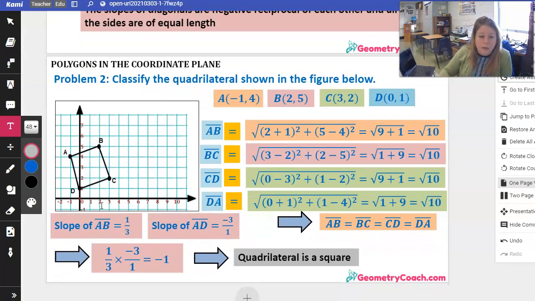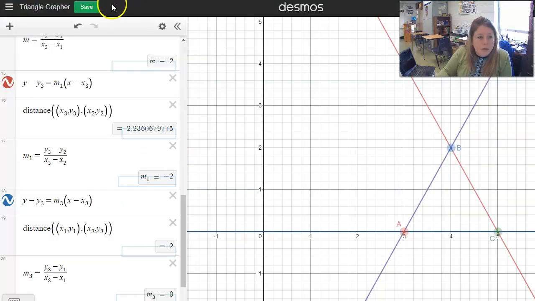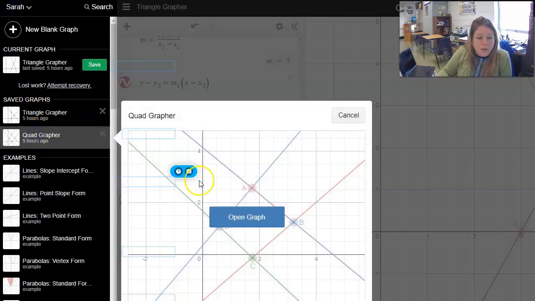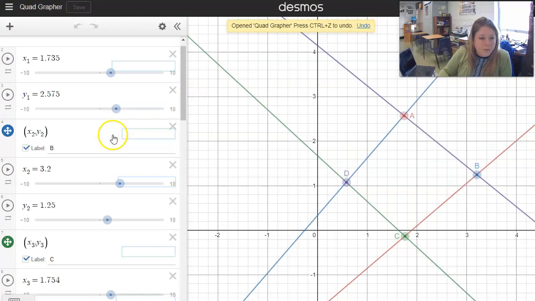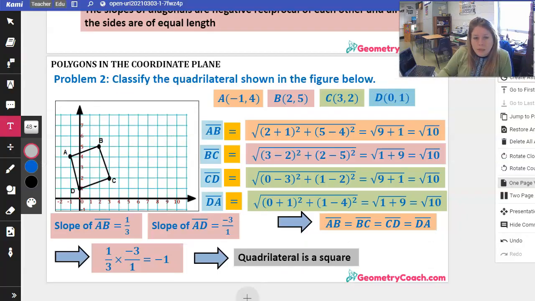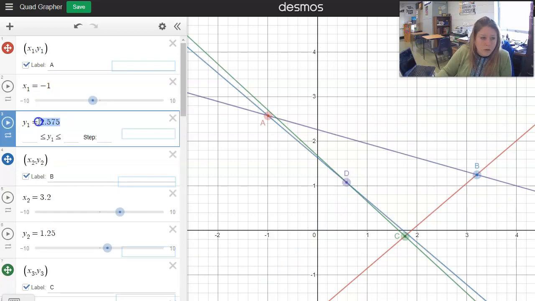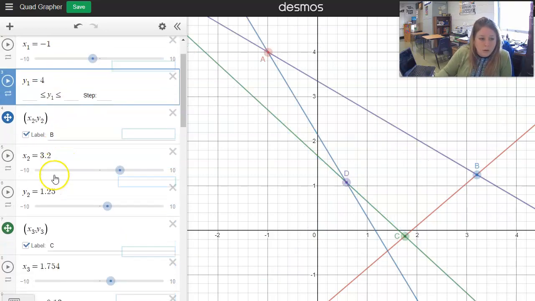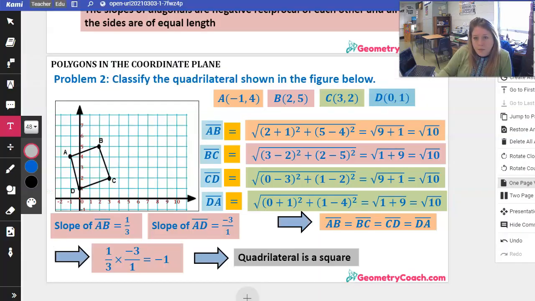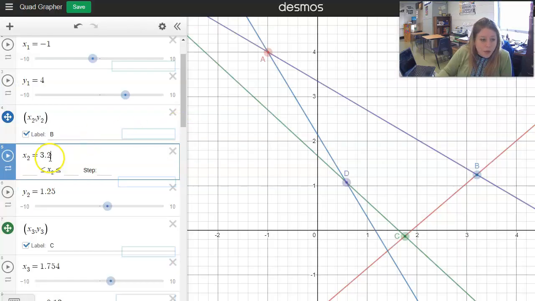So they did this one here, and they decided it was a square. They've got all the same distances, root 10, root 10, root 10, root 10, and they did the slopes. So let's see what happens when we do it in Desmos. You have to open up the Quadrilaterals, so that's a different link in your classroom. But it's the same kind of setup. So we got -1, 4 for A. B is 2, 5.